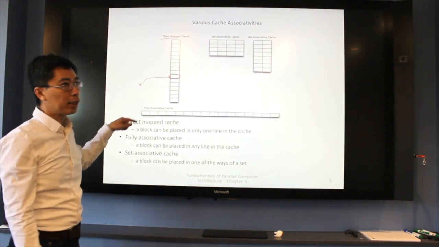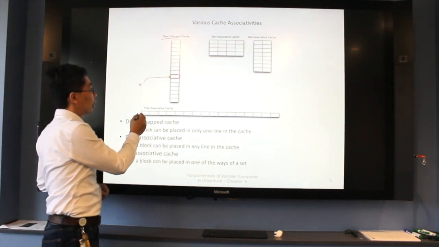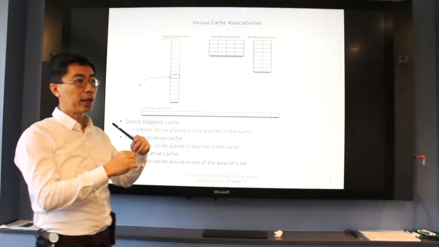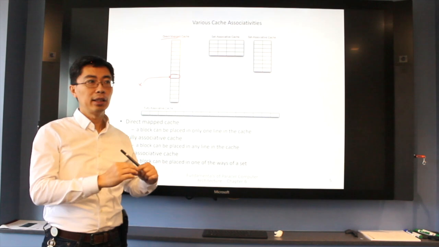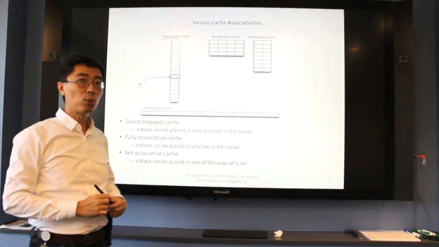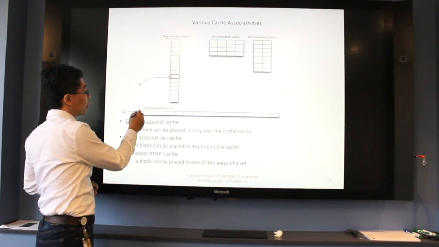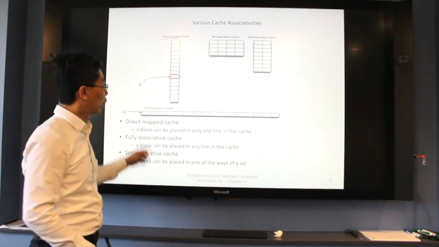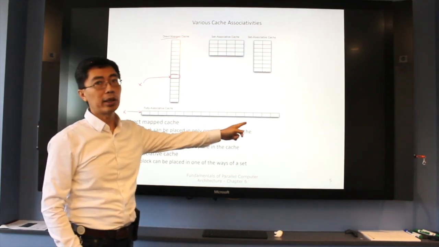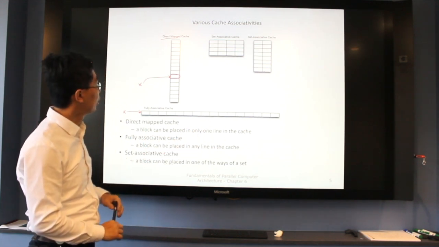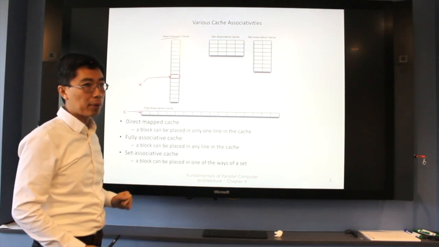You could also have the other extreme, meaning that you have a fully associative cache. So you have one set and a lot of columns, or a lot of ways. In this case, if a block is brought from memory, it can be placed anywhere in the ways. So that's the opposite of a direct map cache.